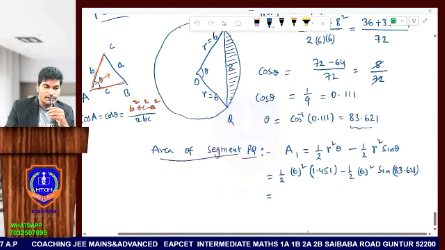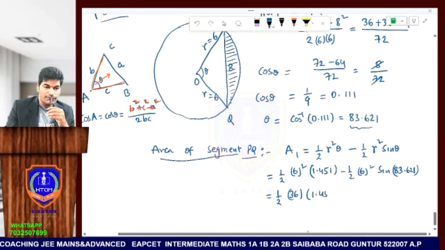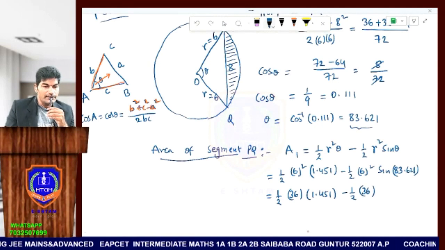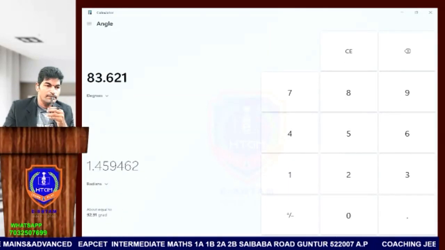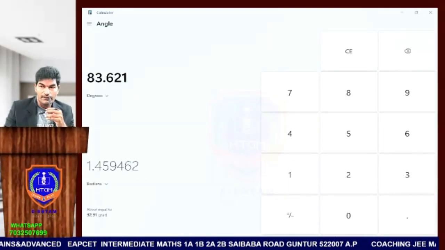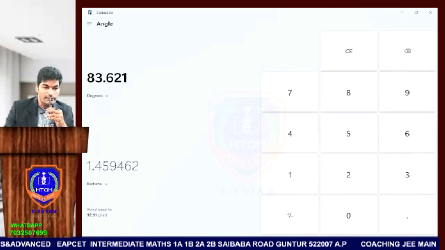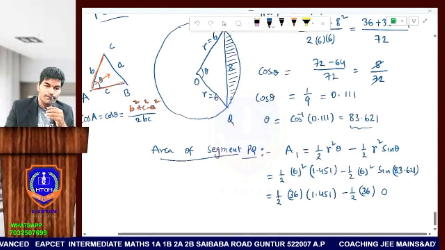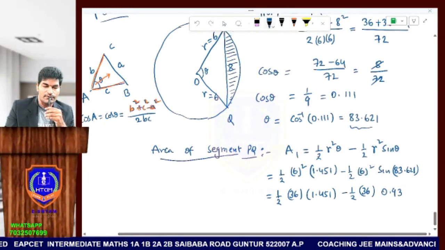So 1 by 2, 6 square is 36 times 1.451, minus 1 by 2 times 36 times sine 83.621. How much is sine 83.621? 0.932. Yes, correct, because sine 90 is 1, it is very close.